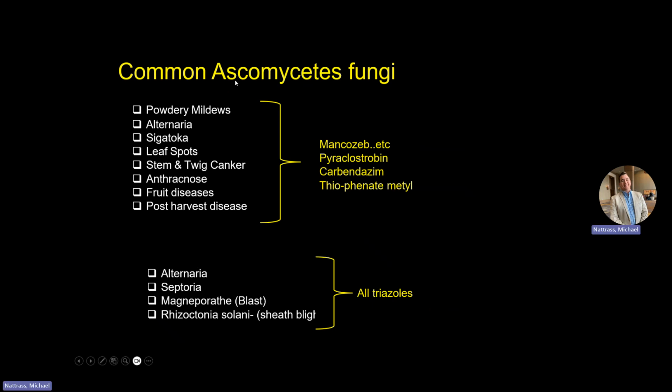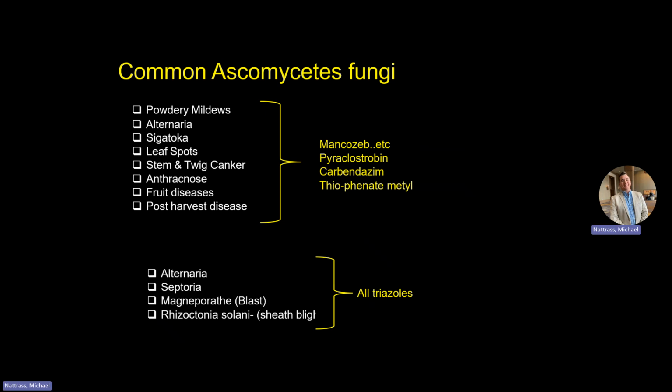You identify that you have a powdery mildew, you verify that it is Ascomycetes, and you are going to spray mancozeb or pyraclostrobin or maybe even thiophanate-methyl. And then for our alternaria or our rhizoctonia, which is very detrimental to turf grass, you'll want to have some triazoles on hand.